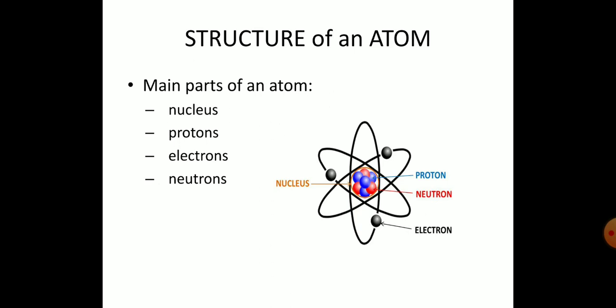The first part is the nucleus, and inside the nucleus we can find the protons and the neutrons, and the electrons are the third part, which is always around the nucleus, and they will be revolving around the nucleus in their elliptical orbits. It is like the sun and the solar system, is it not?